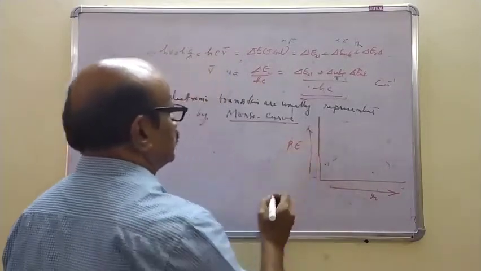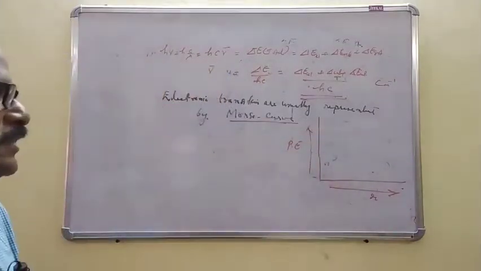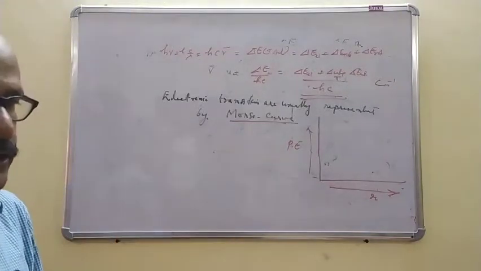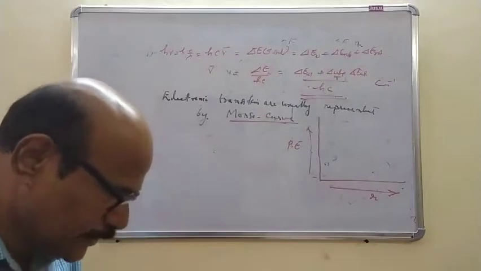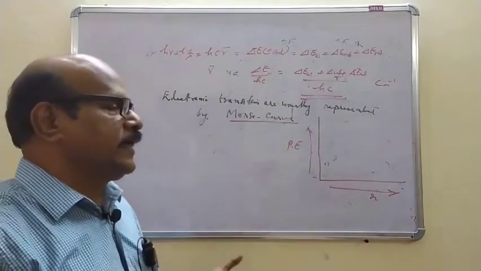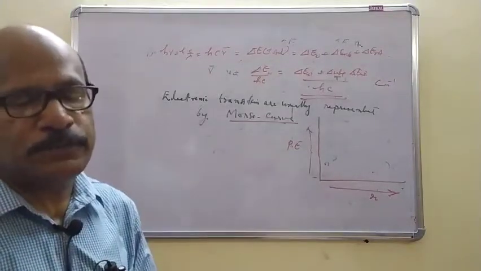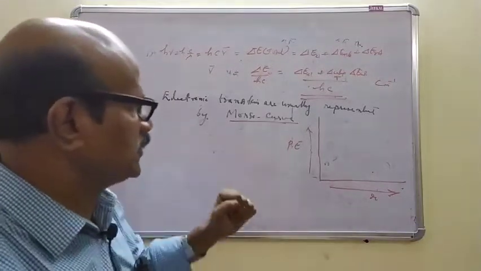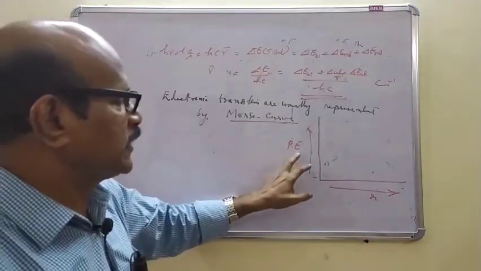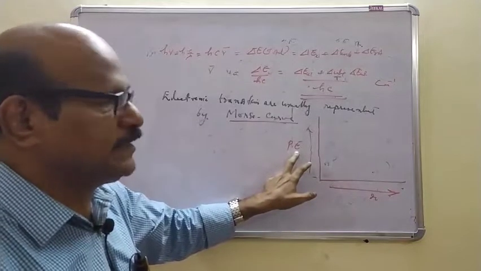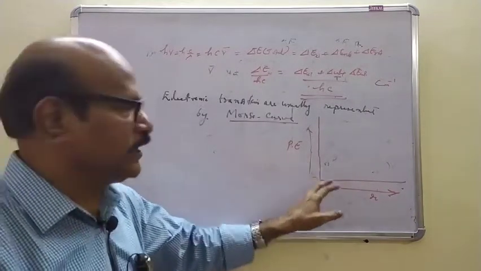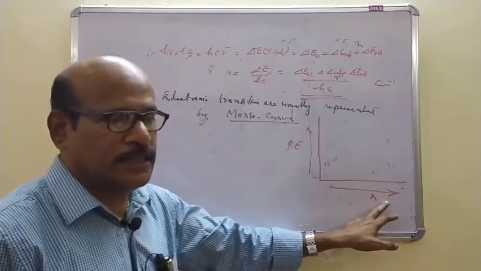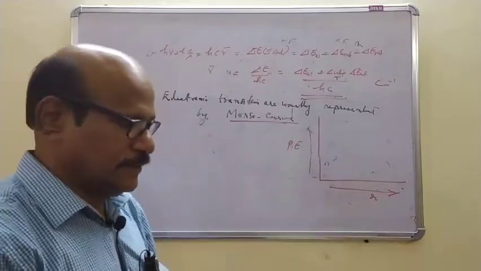So a Morse curve is also called a potential energy versus internuclear distance curve. It is an ideal curve used to represent the electronic transition.